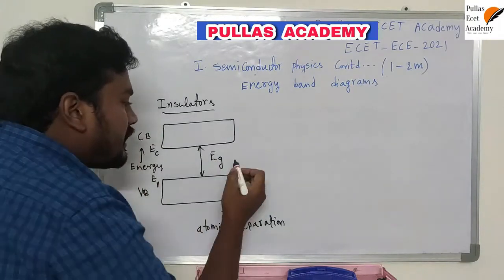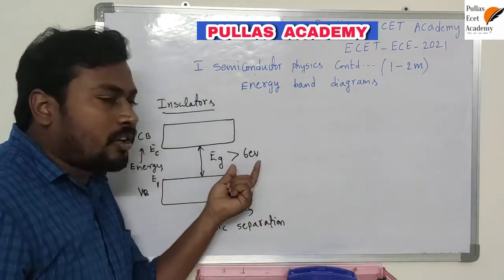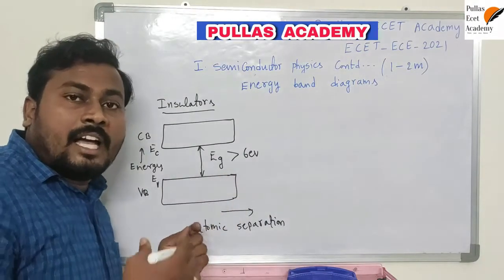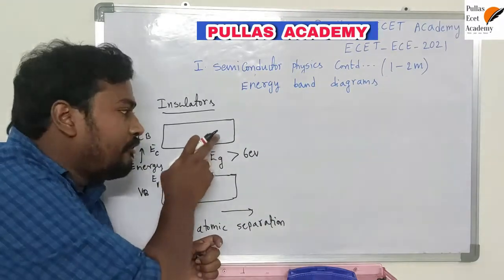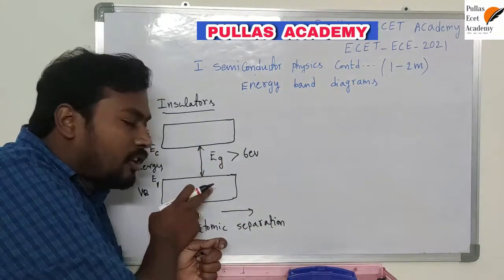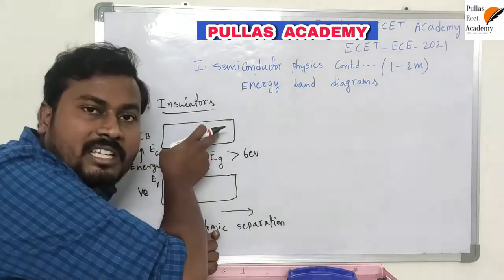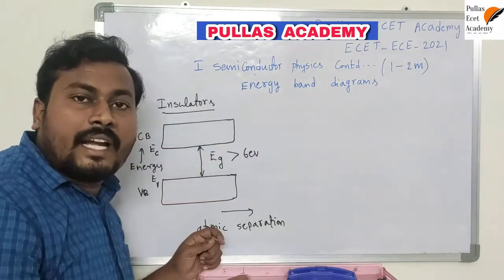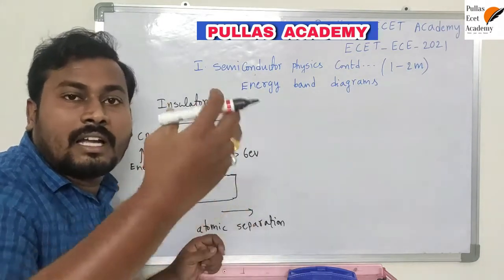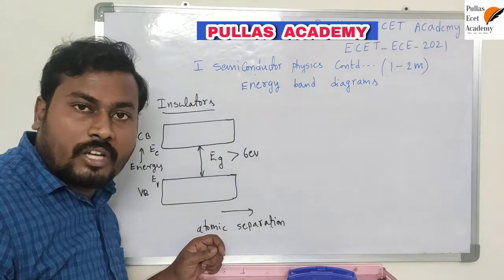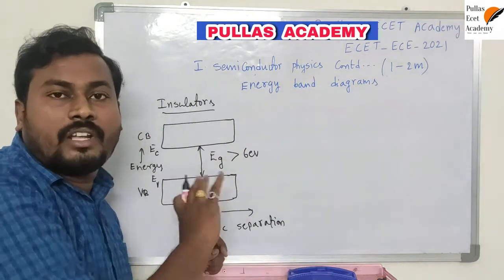For insulators, this energy gap is more than 6 electron volts, which means that however you try, you cannot make these bounded electrons free electrons. So these electrons in the valency band cannot move to the conduction band, which means that insulators will not have any free electrons, so they cannot conduct electricity. They will never conduct electricity since they do not have free electrons.